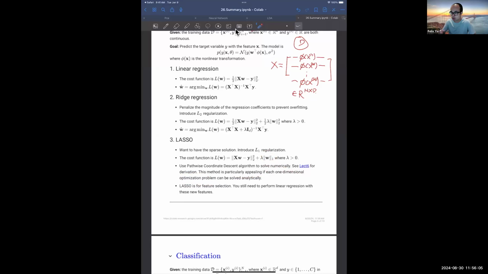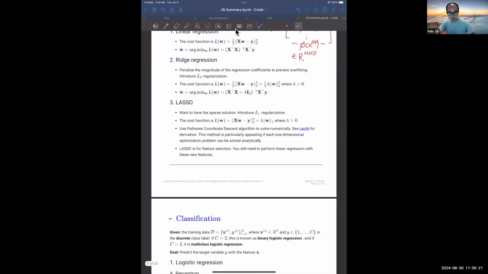So we can use this idea to loop through all coordinates to optimize my W's with the approach of pathwise coordinate descent.